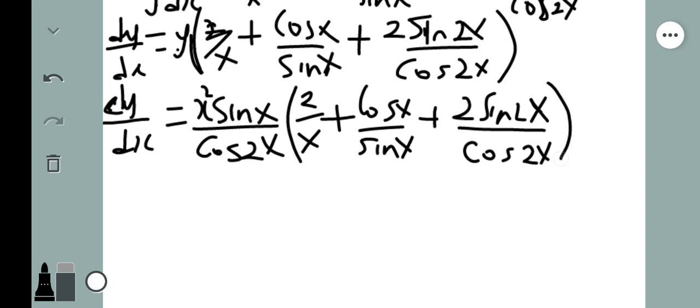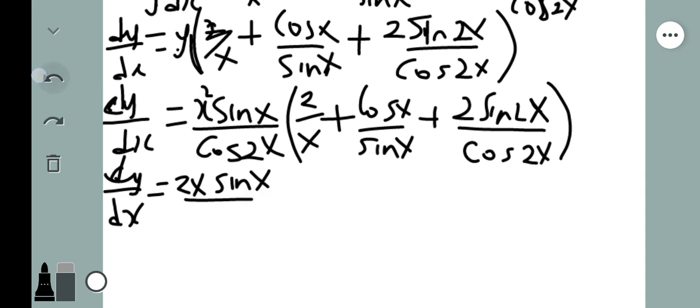So from here we can expand this. When we expand, what do we have? We have dy dx equals, this times this, the x here will cancel x here, we have only x left. So we have 2x sine x over cos 2x.